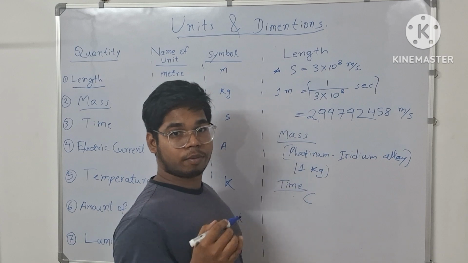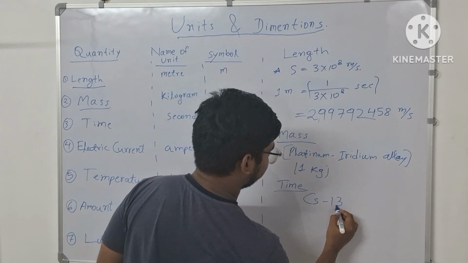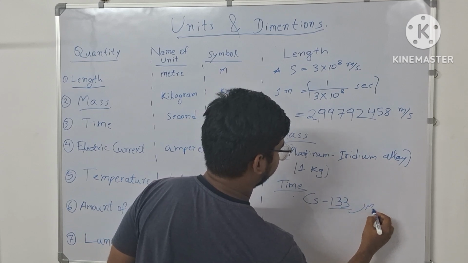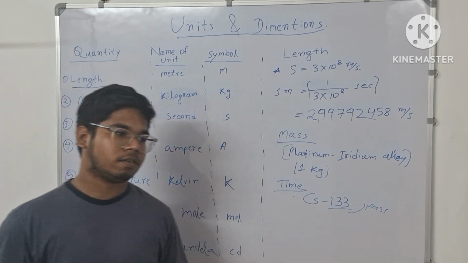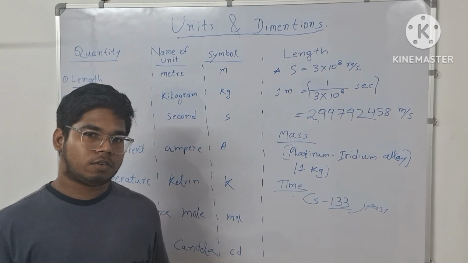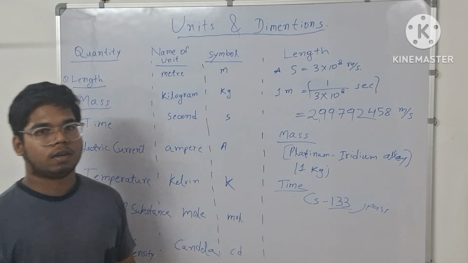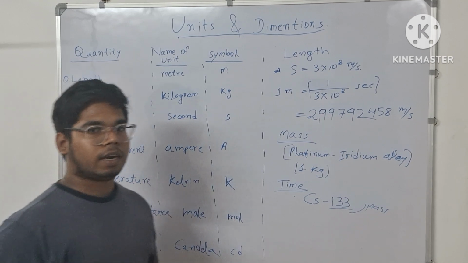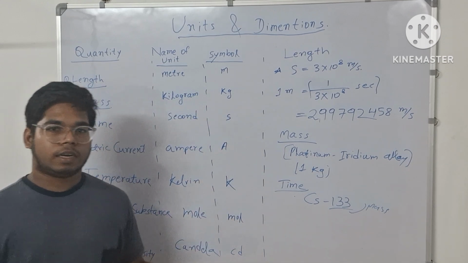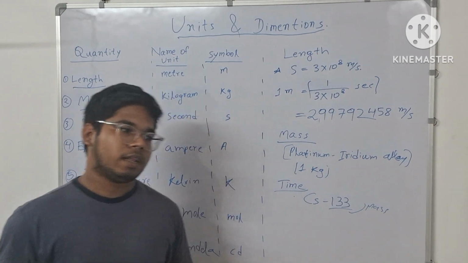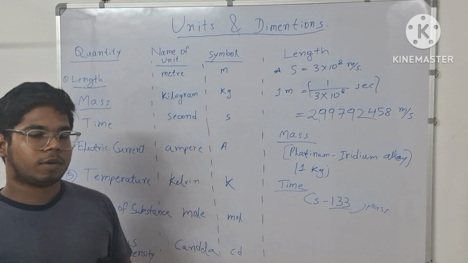Cesium atom, its chemical symbol is Cs, cesium 133. When this atom is in the ground state, there are 2 hyperfine levels. When the electron gets excited and de-excited, a radiation is emitted by that atom, and that radiation has a specific wavelength and a specific time period.